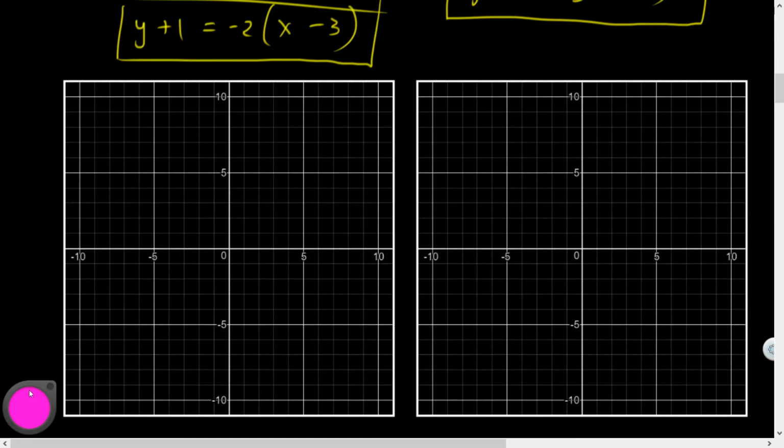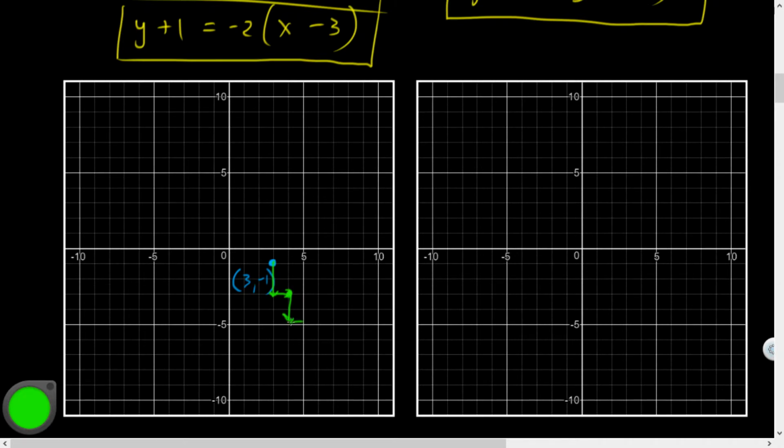So the x-coordinate of our point is +3, so over 3, and our y-coordinate is -1. So I begin at my 3, -1. And from that point, I move by my slope of down 2 over 1.